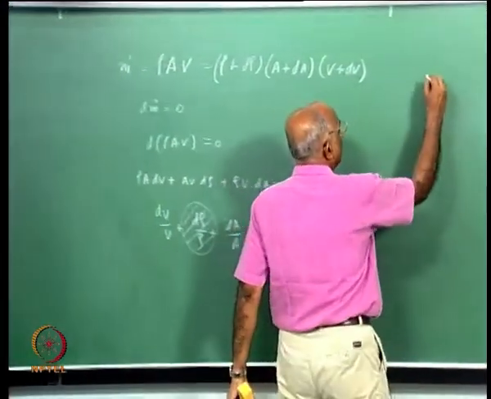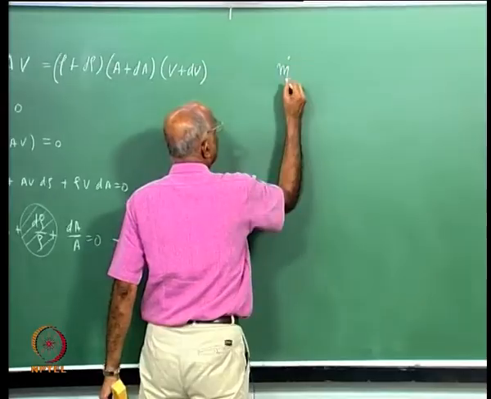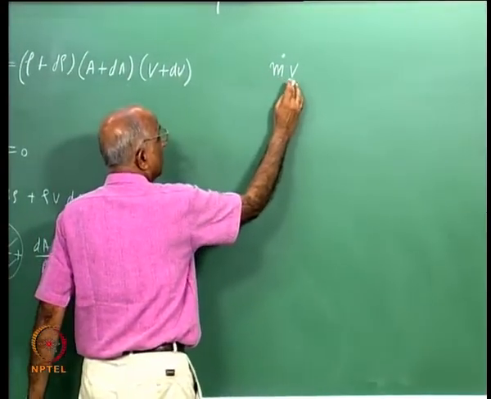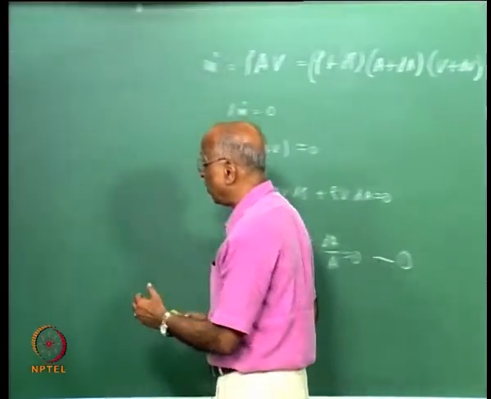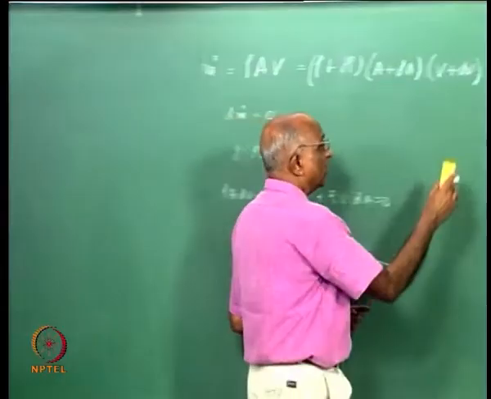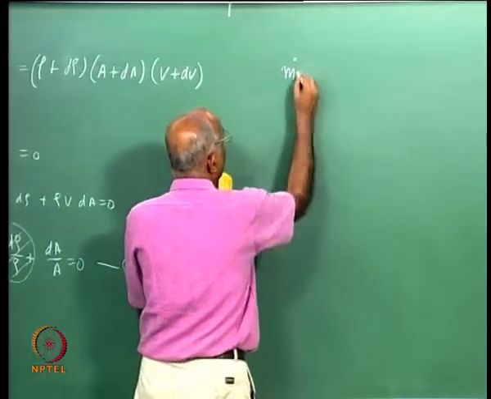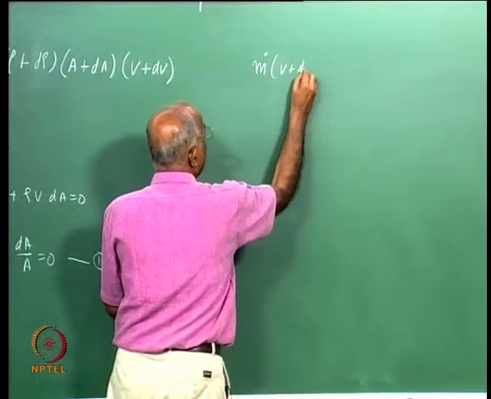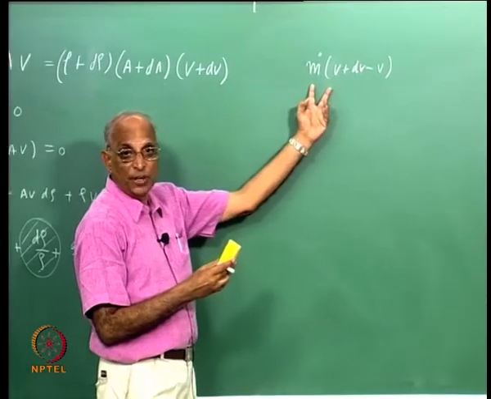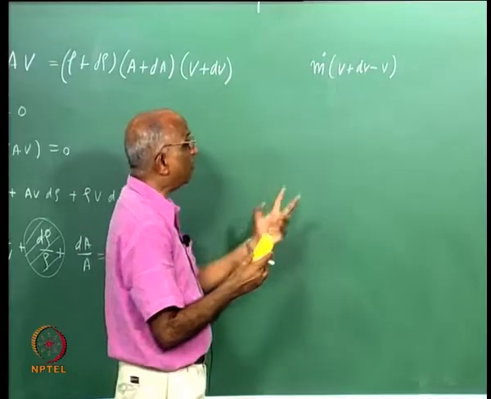The mass flow rate is m dot, the change of velocity is from v to v plus dv, that means dv minus v. So m dot into (v plus dv minus v) is the rate of change of momentum, and this is balanced by the force.